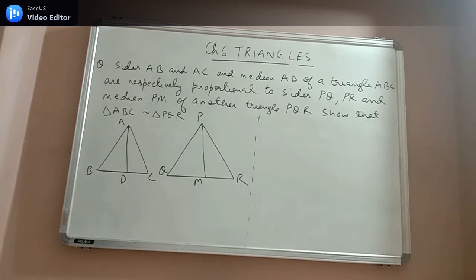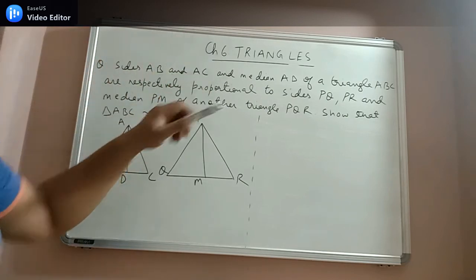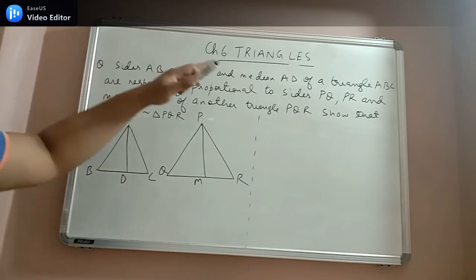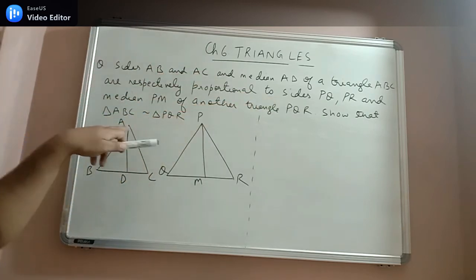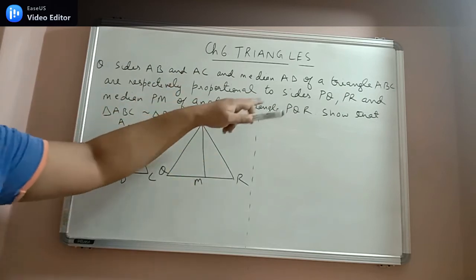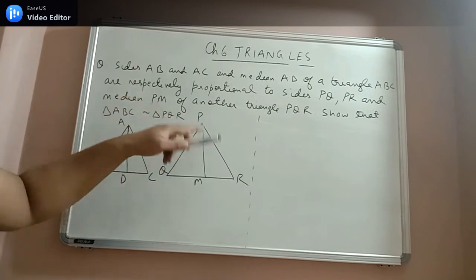Alright students, let's take up another question. The question says sides AB and AC and median AD of triangle ABC are respectively proportional to sides PQ, PR and median PM of another triangle PQR. Show that triangle ABC is similar to triangle PQR.